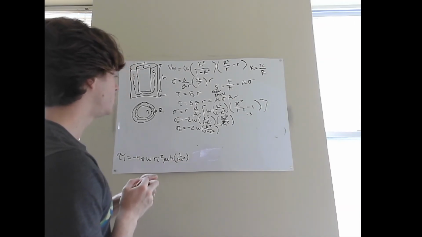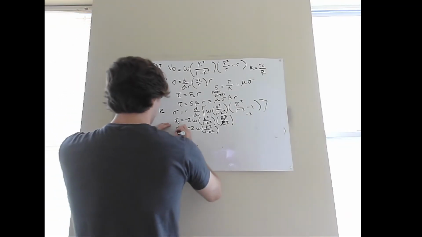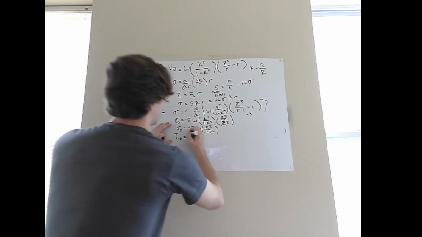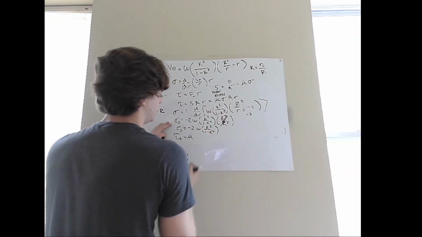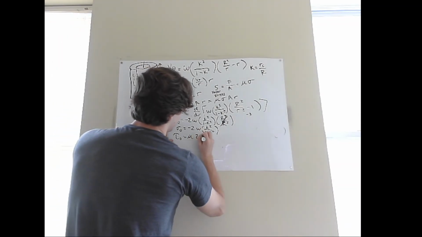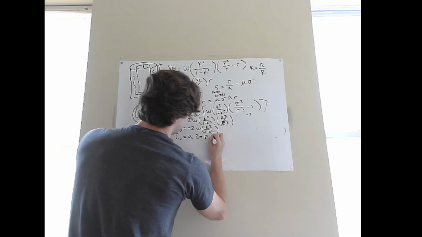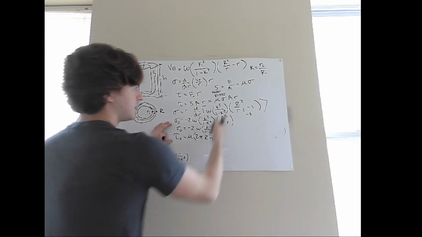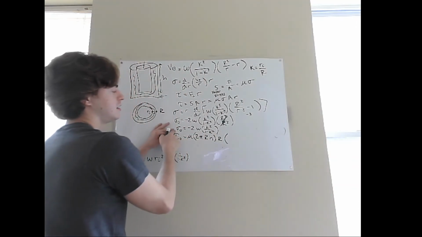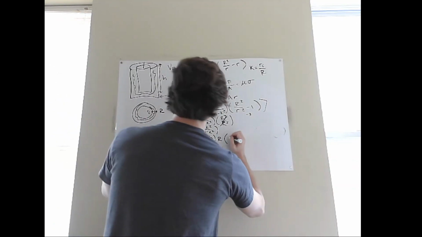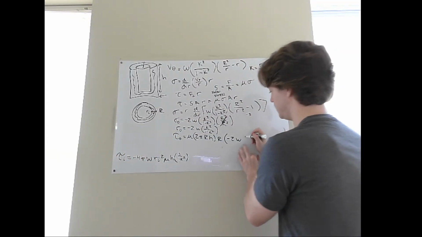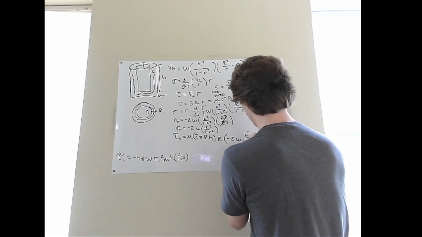So the torque on the outer cylinder is going to be viscosity times the area, which is going to be 2 pi big R this time times h times big R times the shear rate for the outer cylinder, which is just -2 times the angular frequency times k squared over 1 minus k squared.